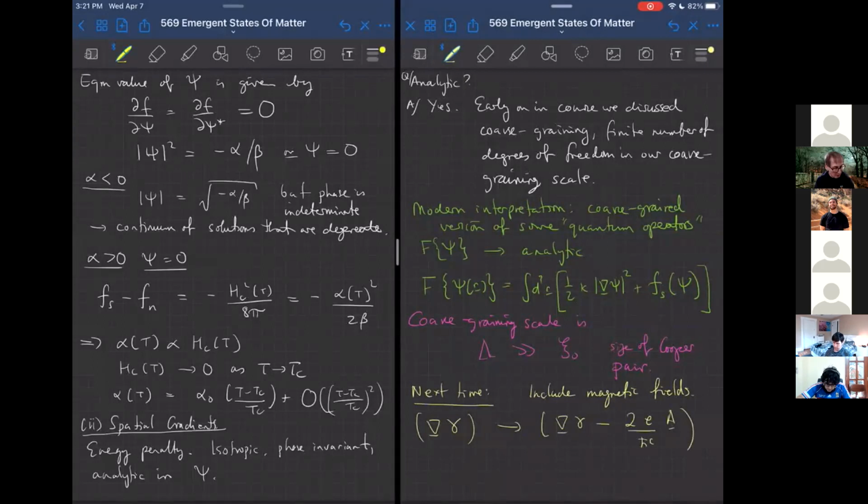And so when we write down the Landau theory, we're going to have in it the electromagnetic vector potential as well as the wave function. So we'll talk about this so-called covariant derivative. And then this describes the electrodynamics of superconductors.